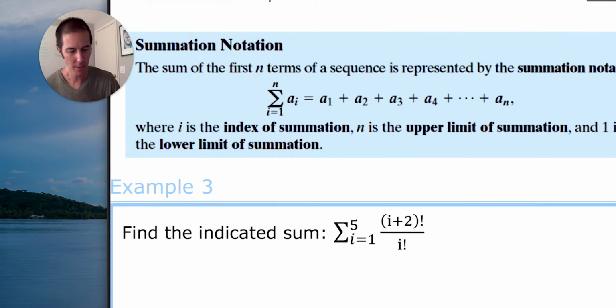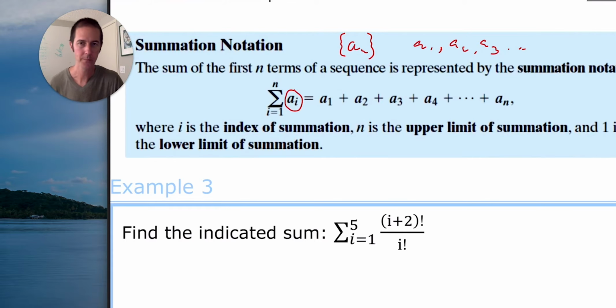Okay, and then here's a sub i. That's the same a sub i that we saw earlier in these notes, where I think it was written as a sub n, inside of these squiggly brackets. That was defining our sequence. I told you it was a sequence, and then the terms were a sub 1, a sub 2, a sub 3, and so on, and that it was a function, right?